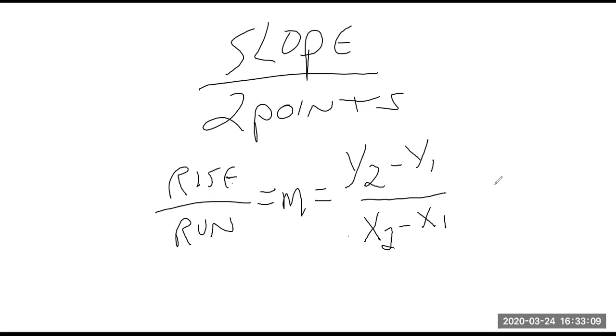All right, I'm going to clear the screen and we're going to do some problems. Let's say I am given, hold on, let me increase this. Suppose I am given 2 points, -3, 2, and 5, 7.